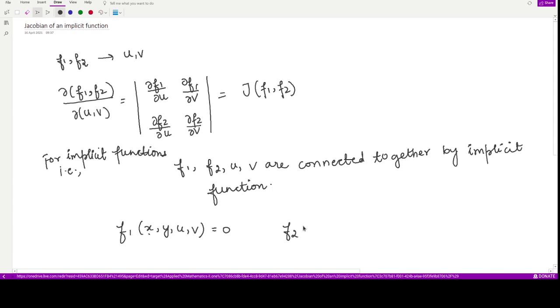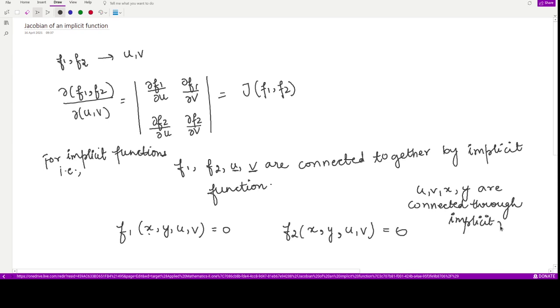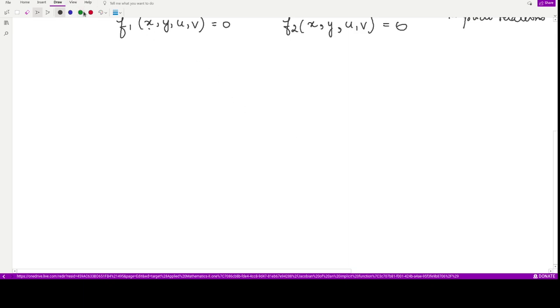the function f2 as a function of x, y, u and v. So you have these two implicit functions and the variables u, v, x and y. So u, v, x and y are connected through the implicit relations. In that case, what is the Jacobian?